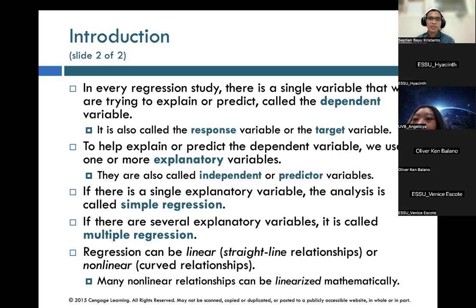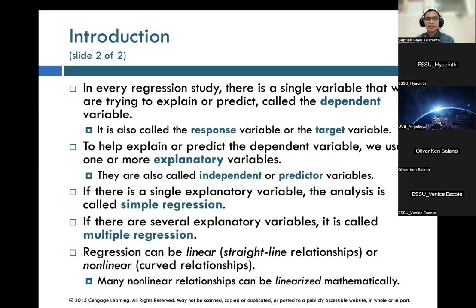Sometimes we also call them predictor variables, because with these variables we can predict and explain, and they do not depend on other variables. But the dependent or target variable has a full relationship with the independent or explanatory variables.